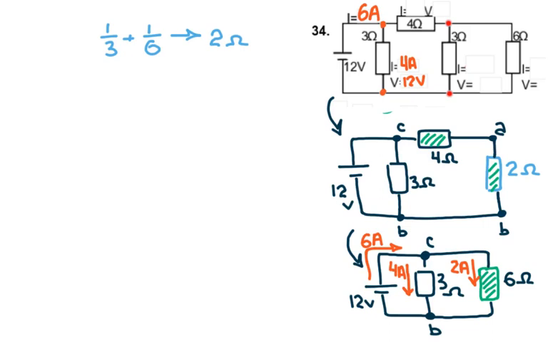So when the amps leave the battery, some of them will choose to go through the first resistor. They will spend all 12 volts in the first resistor and then come back home. But some of them will choose to go through the second resistor.